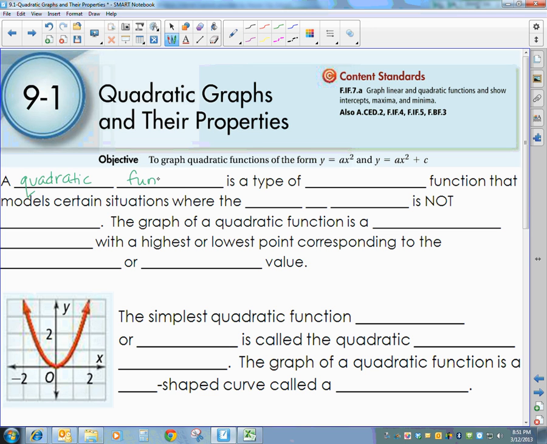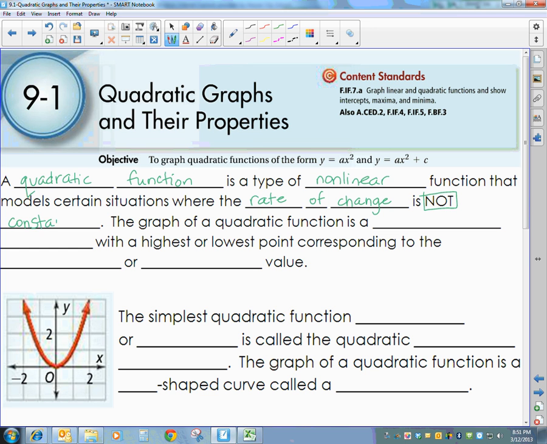So, first off, let's define what we're talking about, which is a quadratic function. It is a type of non-linear function that models certain situations where the rate of change is not constant.